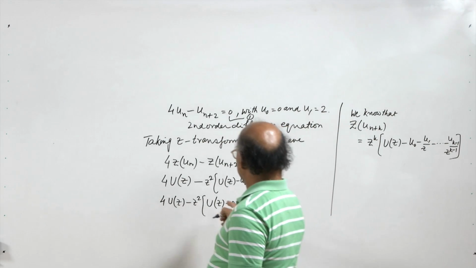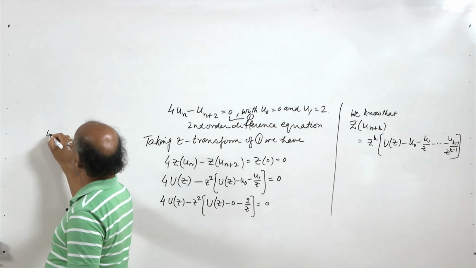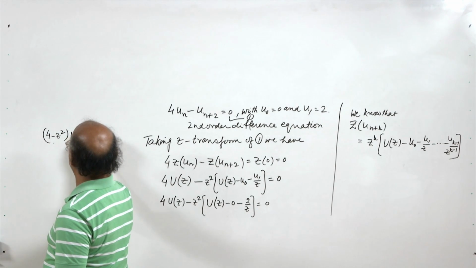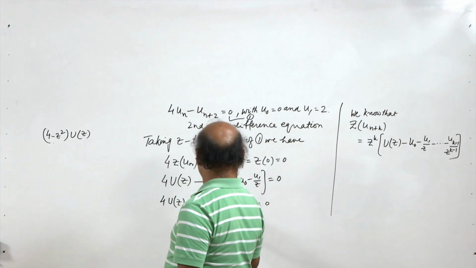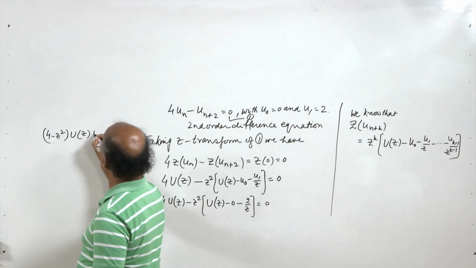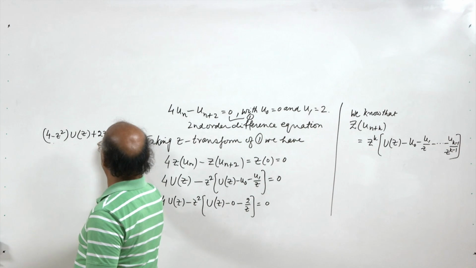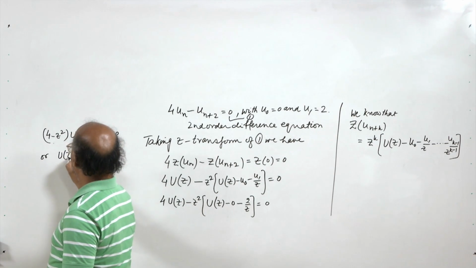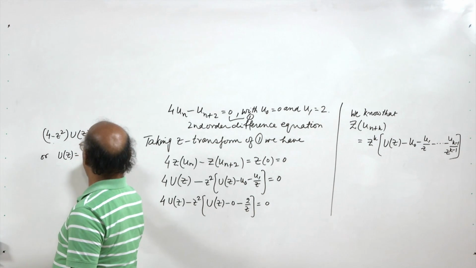The coefficient of Uz is 4 minus z square, and we get this term minus z square into minus 2 by z, so plus 2z equal to 0. We can write it as Uz equal to 2z upon z square minus 4.